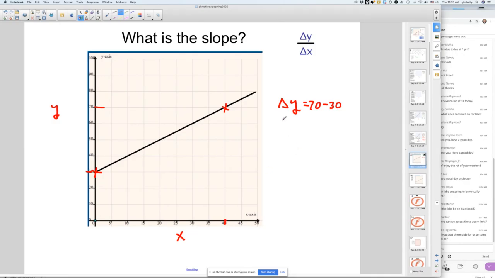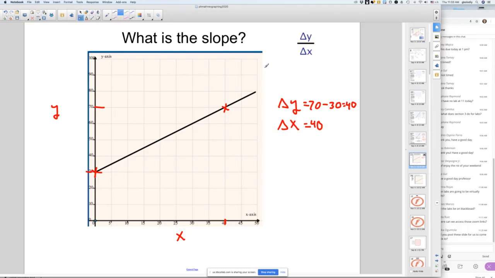So delta x is 40. And by the way, 70 minus 30 is also 40. It just turns out that the slope is 1 in this case.